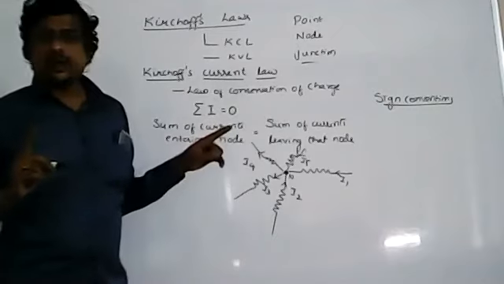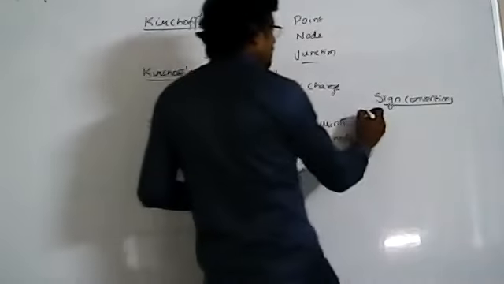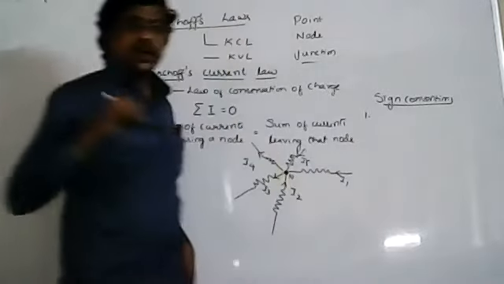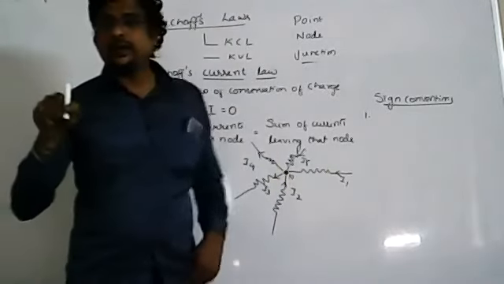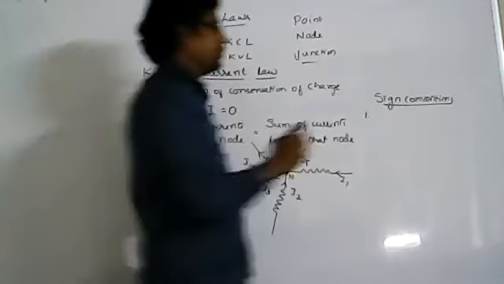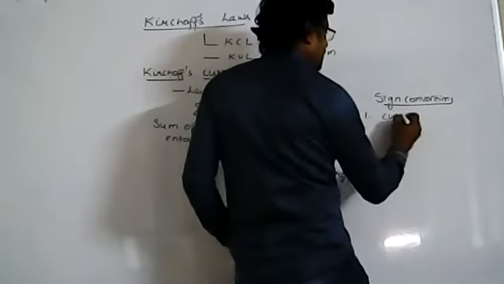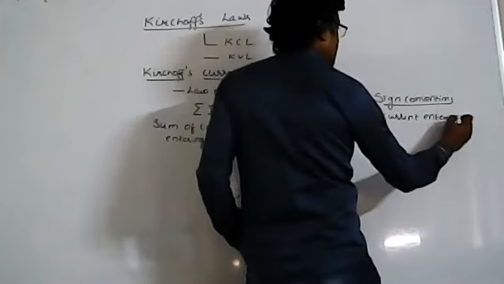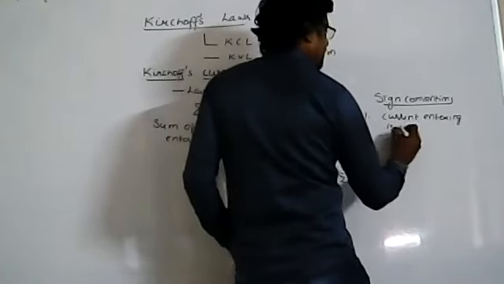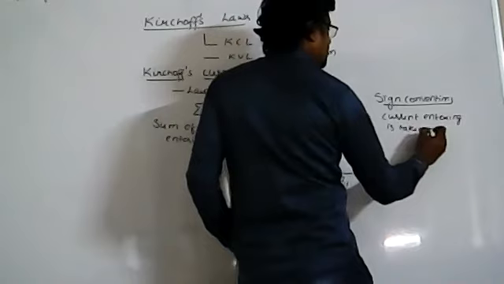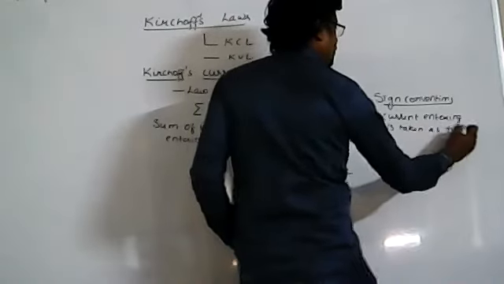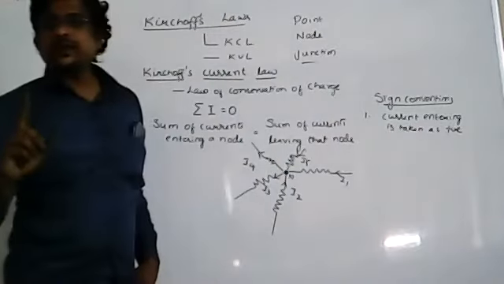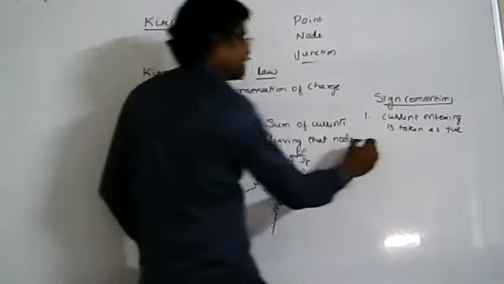In Kirchhoff's current law, any current entering a node is taken as positive.